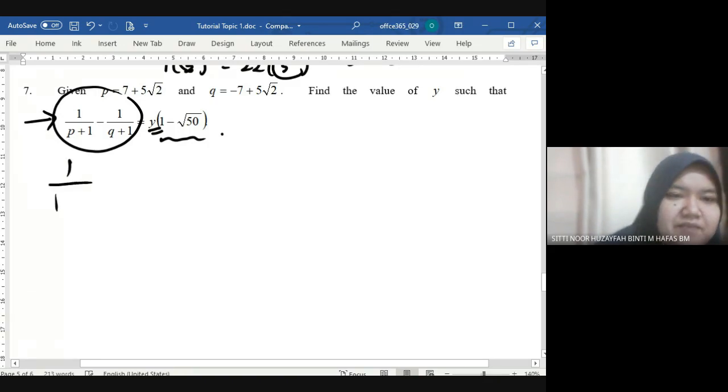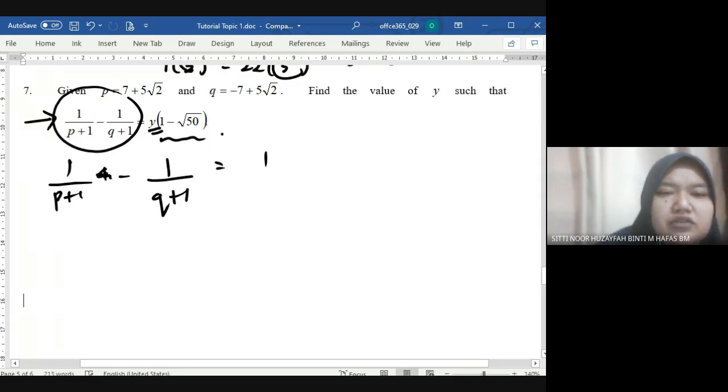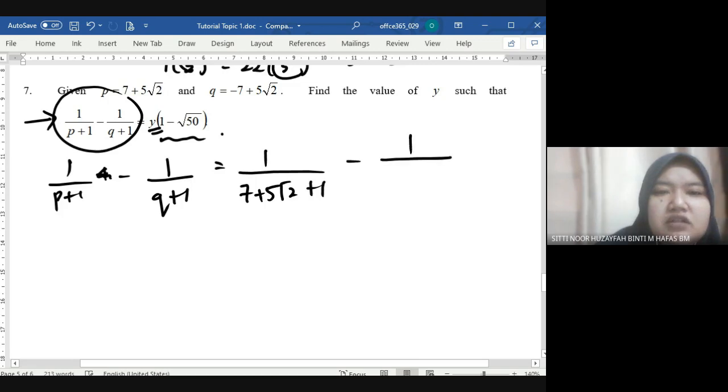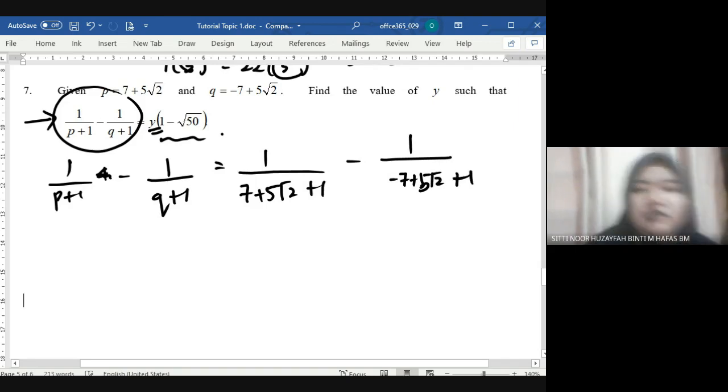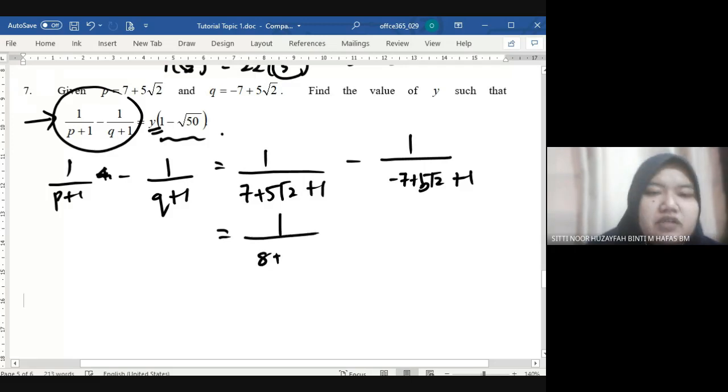So 1 over P plus 1 minus 1 over Q plus 1 is equal to 1 over 7 plus 5√2 plus 1 minus 1 over negative 7 plus 5√2 plus 1. Okay, so if we simplify, we will get 1 over 8 plus 5√2 minus 1 over negative 6 plus 5√2.